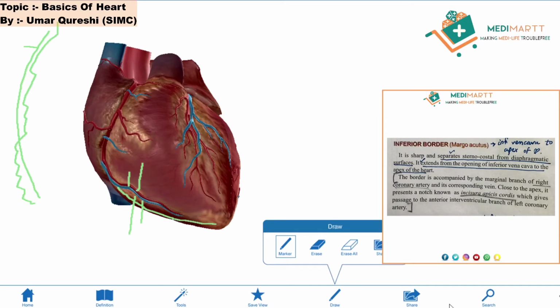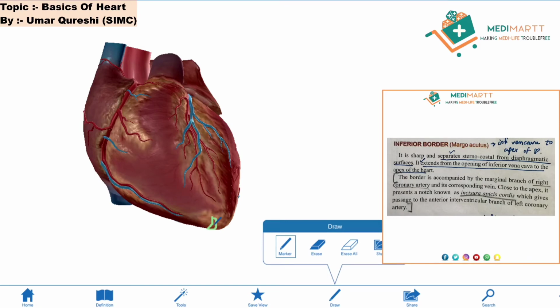Then, close to the apex, it presents a notch. A notch means a small groove, a shallow hole-type of thing. Close to the apex, it is known as the incisura apicis cordis, which gives passage to the anterior interventricular branch of the left coronary artery.